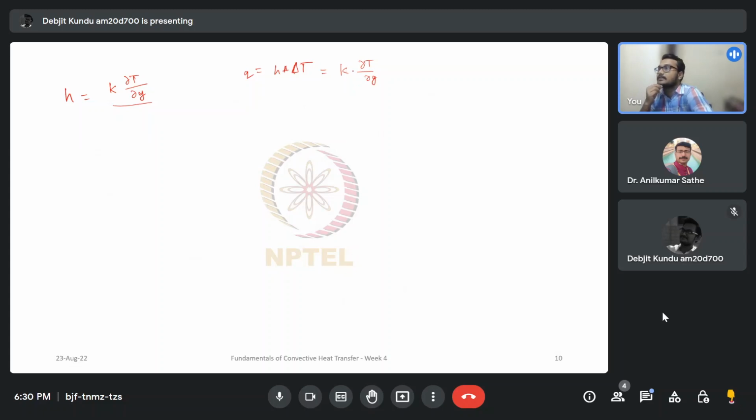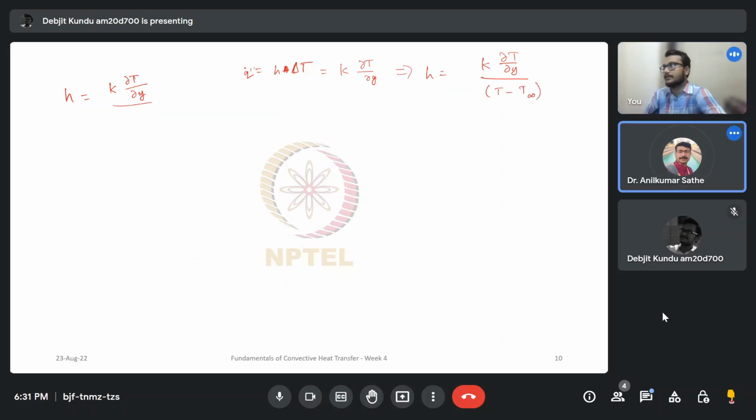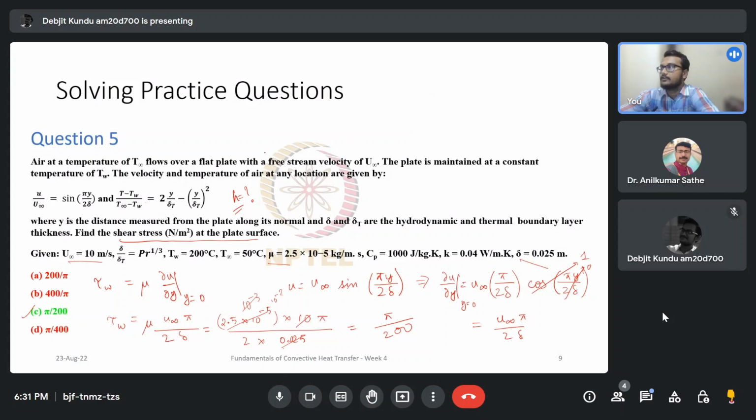We can cancel out this A and simply take it as q double prime. So hΔT equals this. So h can be written as k ∂T/∂y divided by ΔT, or T minus T infinity. Since the profile of temperature is given, from here we can figure out ∂T/∂y and then plug in the other values.